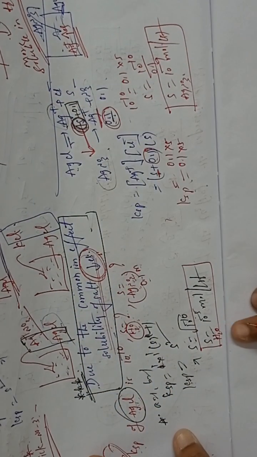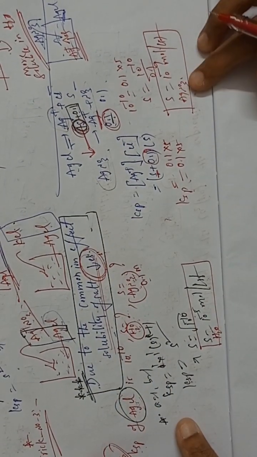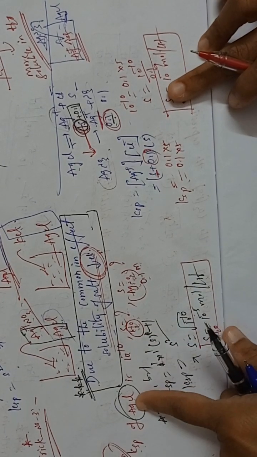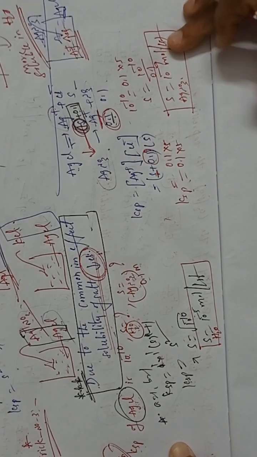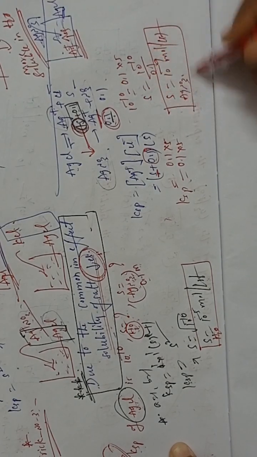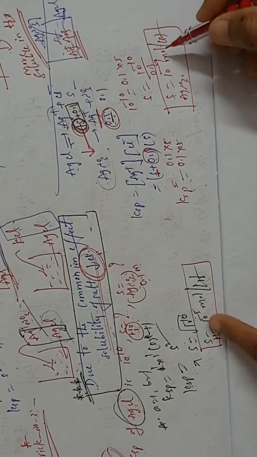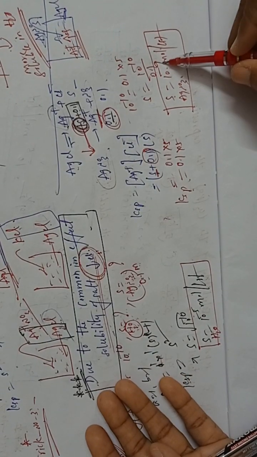Now see, the solubility of AgCl in water is 10 power minus 5. The solubility of AgCl in silver nitrate is 10 power minus 9. I told you that in silver nitrate the AgCl solubility should compulsorily decrease. See here 10 power minus 5, 10 power minus 9.